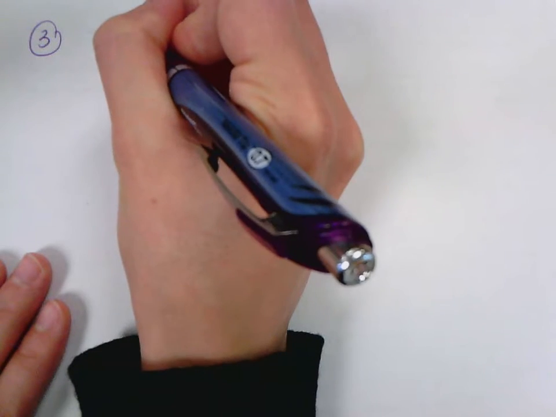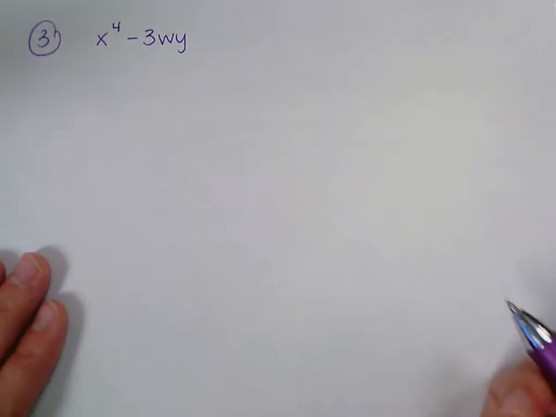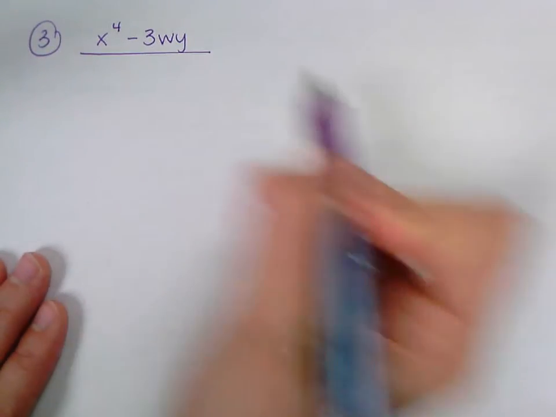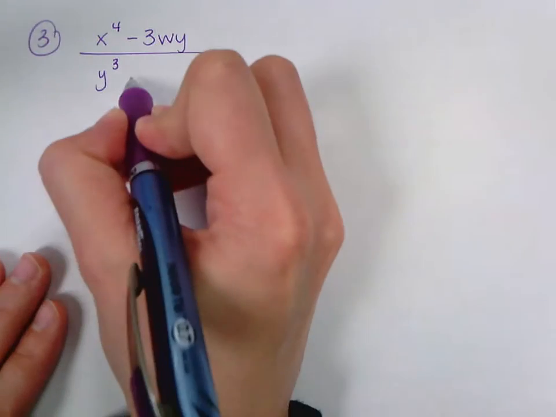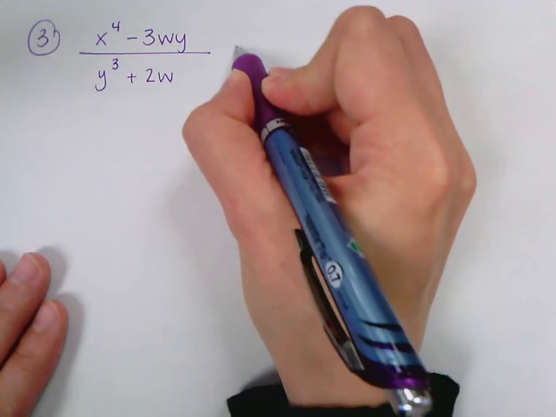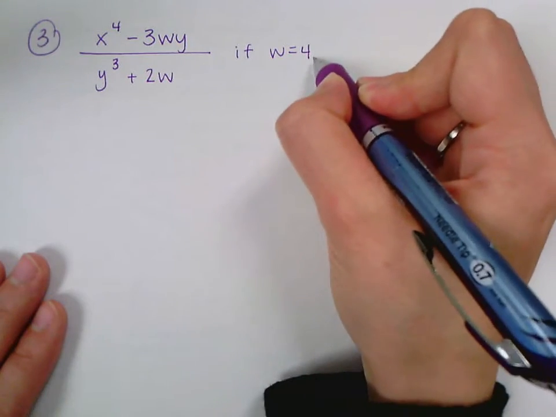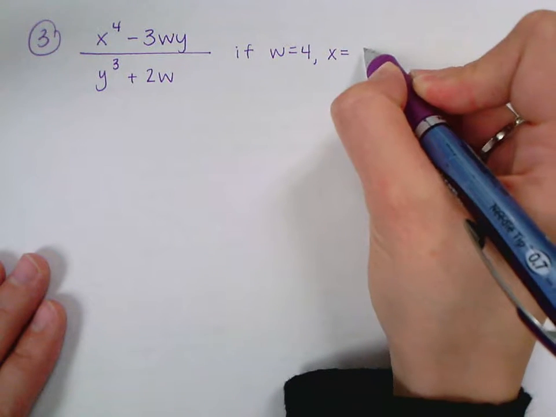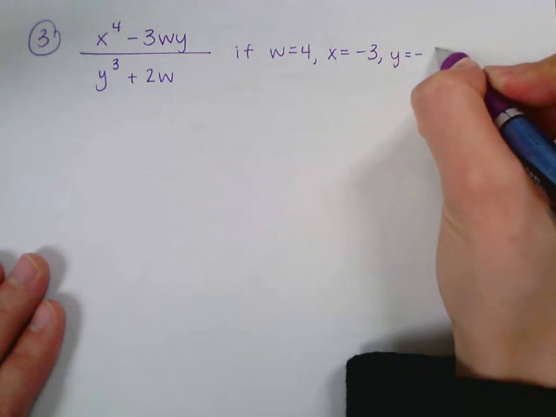So I have x to the 4th minus 3wy all over y to the 3rd plus 2w. And this is if w is equal to 4, x is equal to negative 3, y is equal to negative 5.